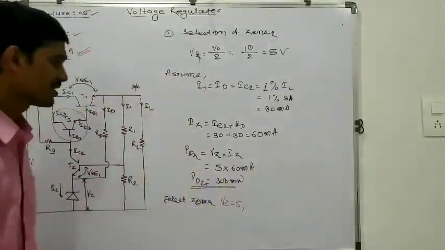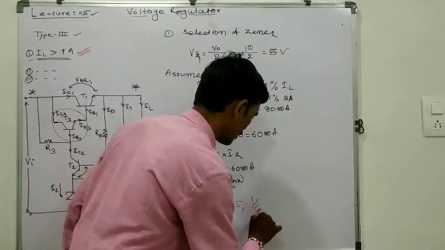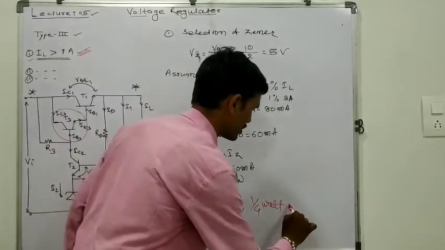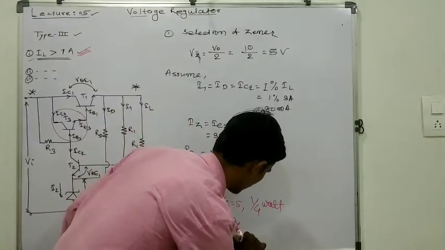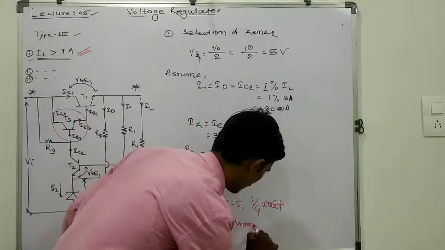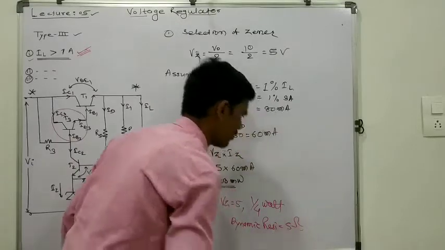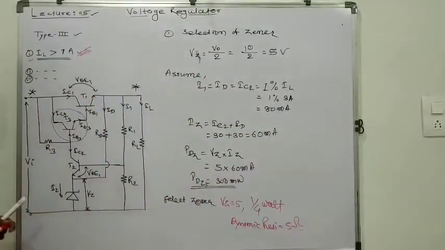So we can select a 1/4 watt zener with dynamic resistance of 5 ohm or 10 ohm. So this is nothing but the selection of this first zener diode. This is the selection of zener diode.